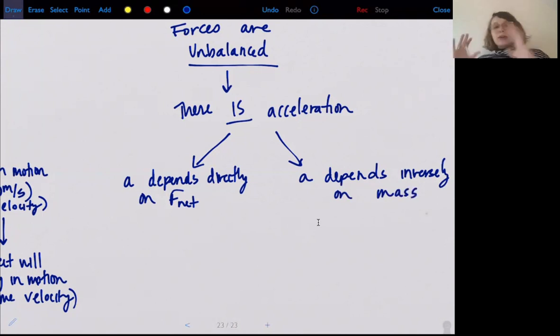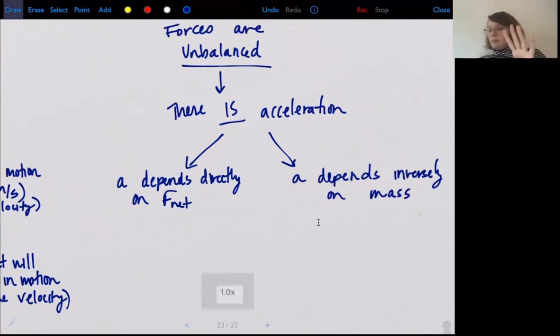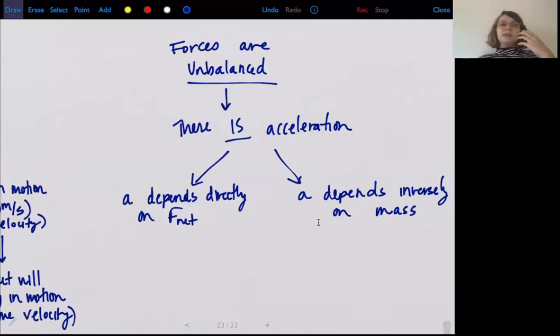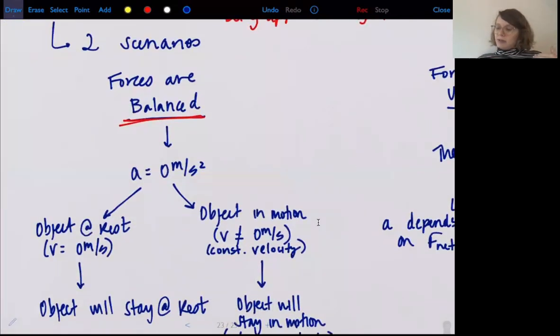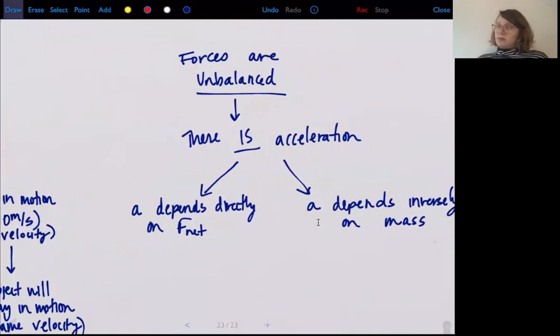All right. So that's what this diagram is telling us Newton's second law says. Newton's first law explains what happens to objects that have a balanced force acting on them or not acting on them. And Newton's second law tells us what happens when the forces are unbalanced.